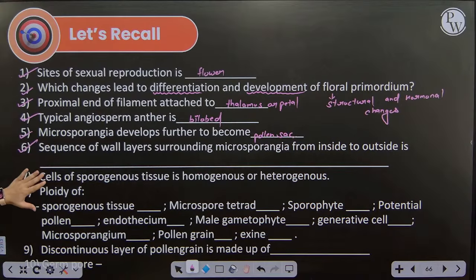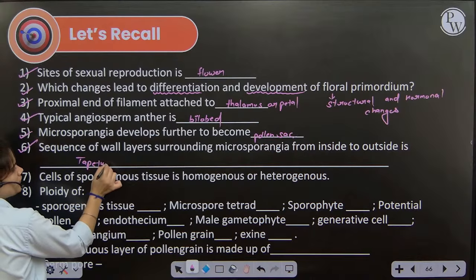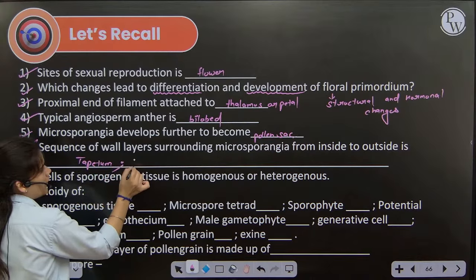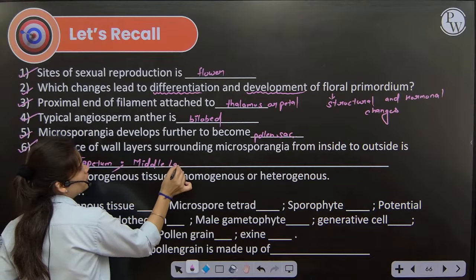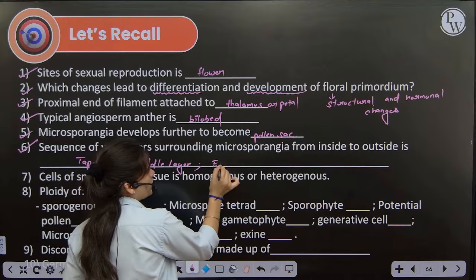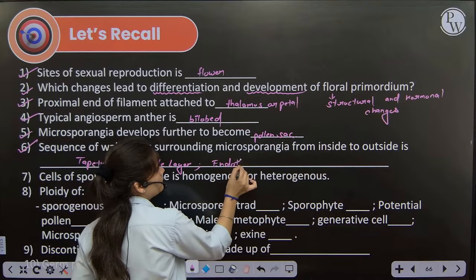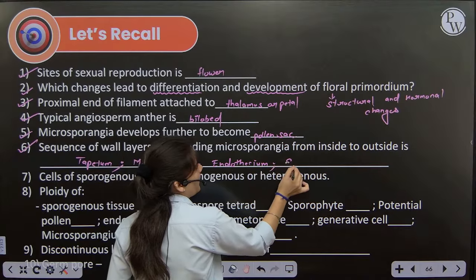Sequence of wall layers surrounding the microsporangia from inside to outside. Okay. The inner one is the tapetum, then the middle layer, then the endothecium, and the outer one is the epidermis.